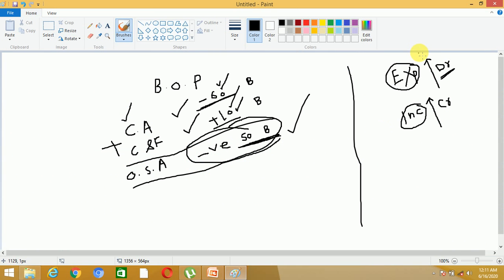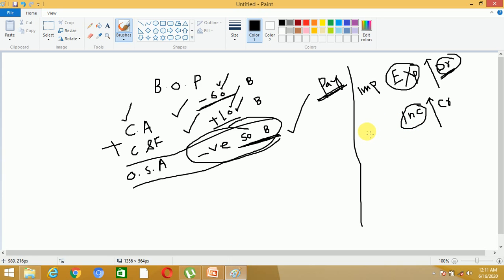Listen again. Expense is debit, and imports are expenses, and an increase in expense is debit. Imports are basically payments. So an increase in payments, payments is expense, is debit.